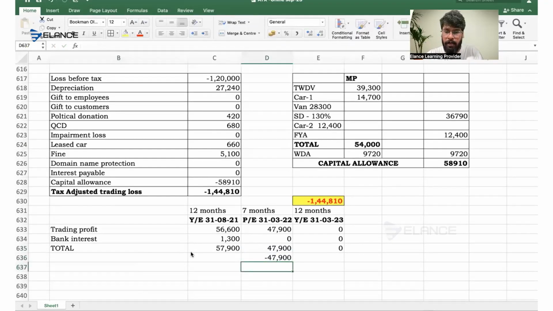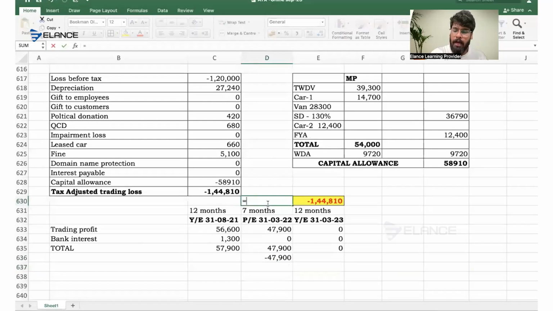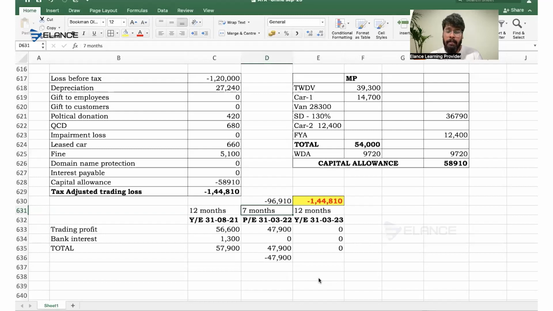Of the 1,44,810 loss, from that 47,900 we can set off from the previous 7 months, and the remaining amount, 96,910, we can carry back to the period before that.